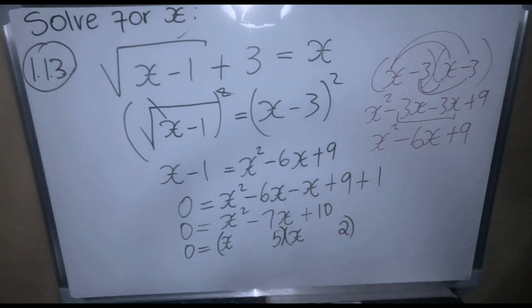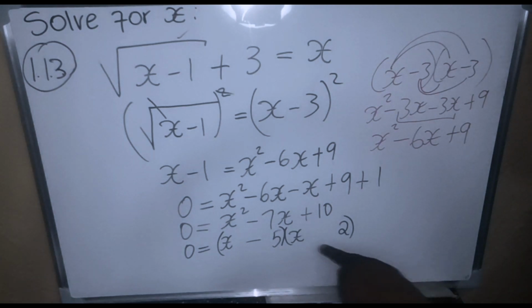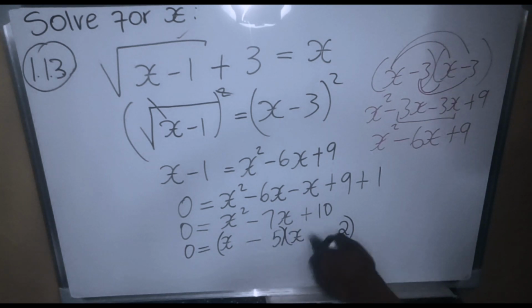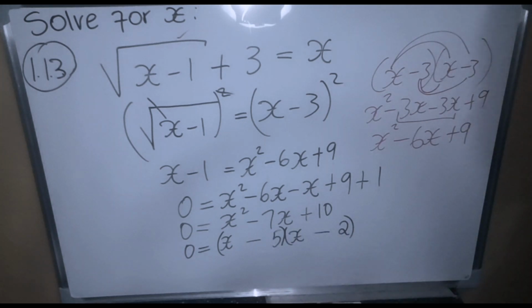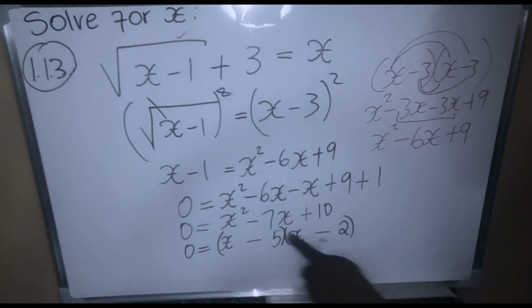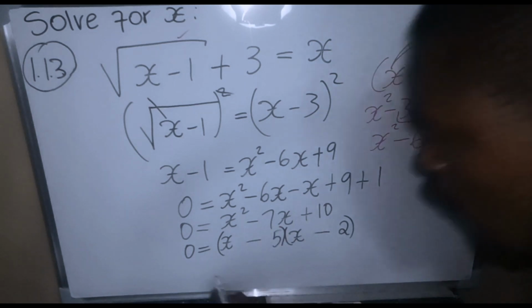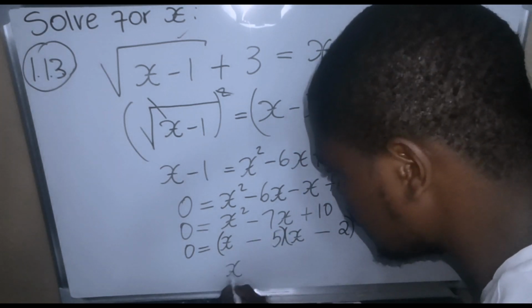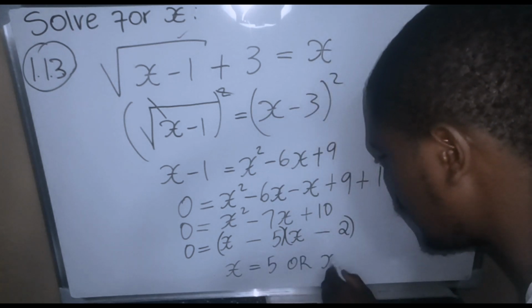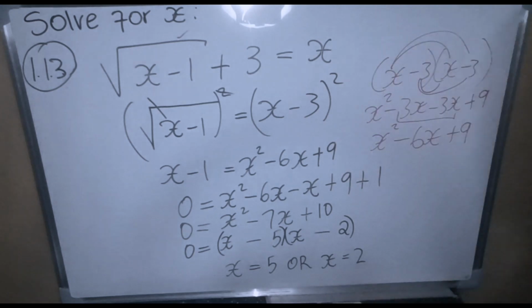Between 5 and 2, the bigger one is 5. For the sign of this part, negative times negative is positive. So when you multiply them out, I get negative 5 times negative 2, positive 10 here. Negative 5 minus 2 is negative 7. That's how we do it. Therefore, x is equal to 5, or x is equal to positive 2.